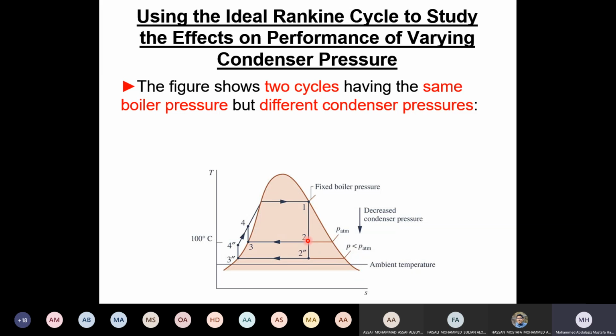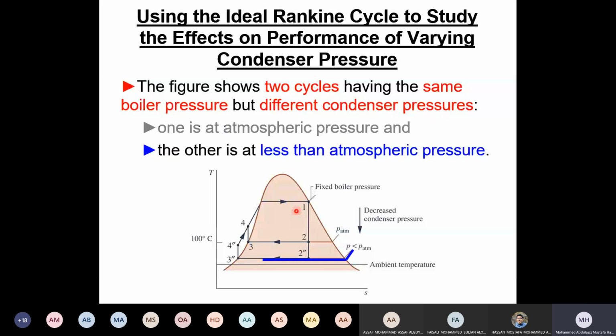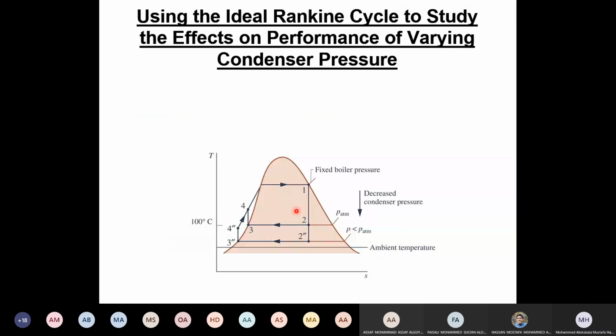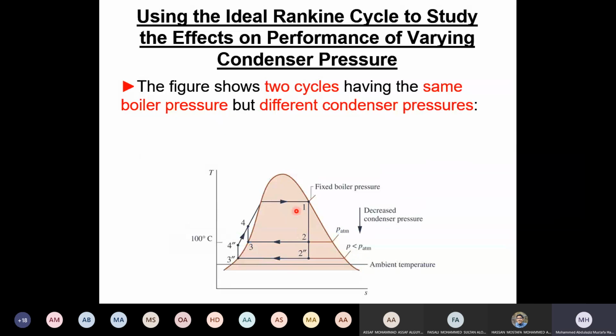But let us check the Carnot cycle. Carnot cycle is a box like that, right? The efficiency is 1 minus TL over TH. So if I reduce TL, the efficiency will improve.